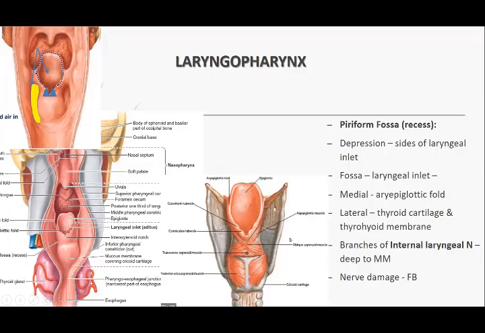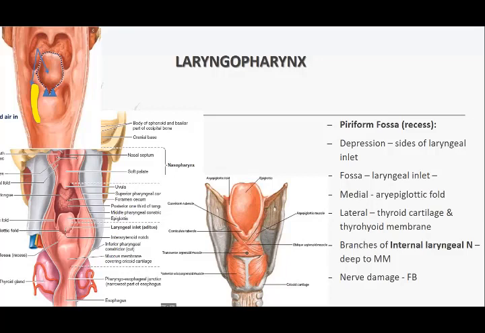Hence, it damages the internal laryngeal nerve. When the internal laryngeal nerve is damaged, it being a sensory nerve supply, there is complete loss of sensations in the piriform fossa. What was the situation before this? Normal, in you and me, in normal people.